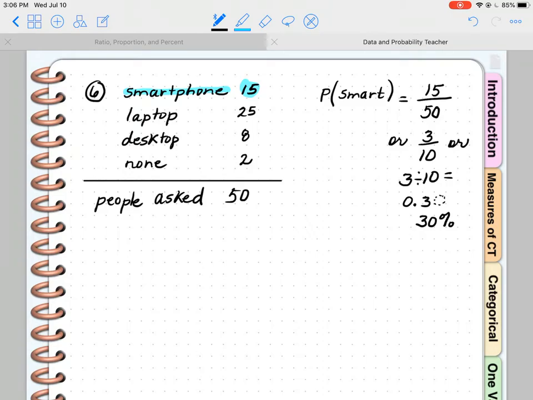So the probability is this, this, this, or this. Any of those could be an answer on a multiple choice test. So it's important that you know how to find all of those different forms.